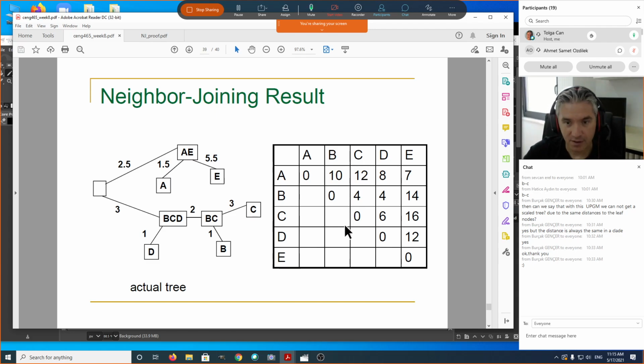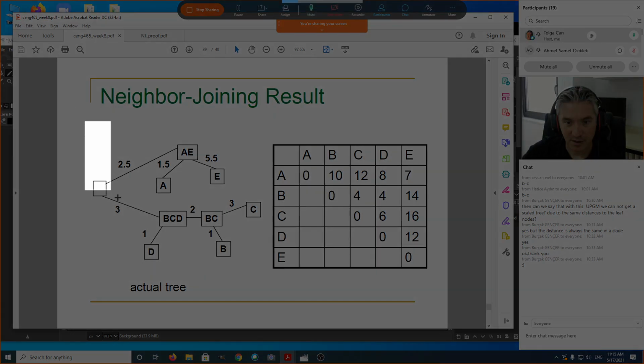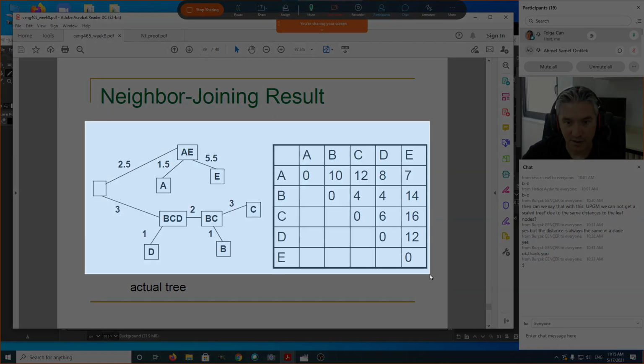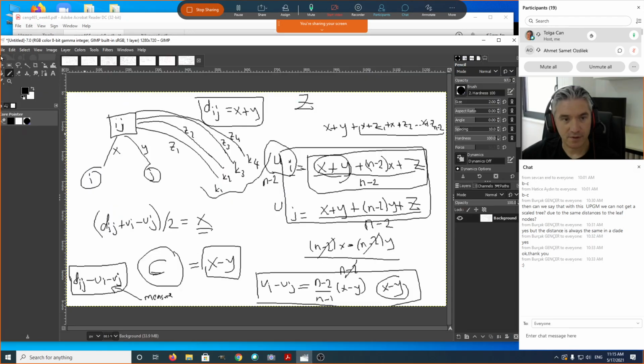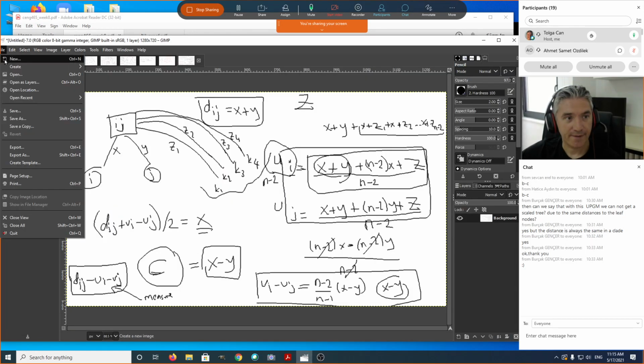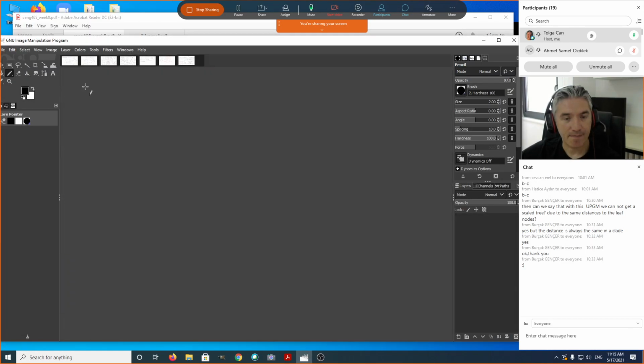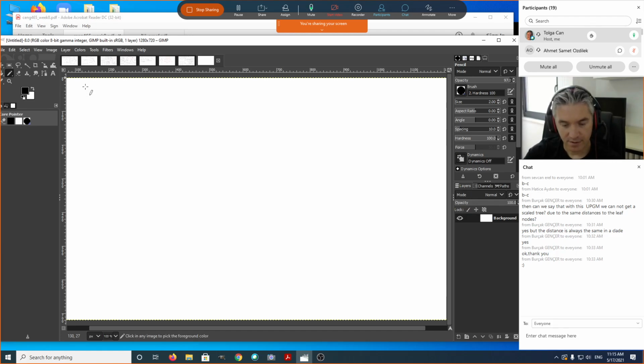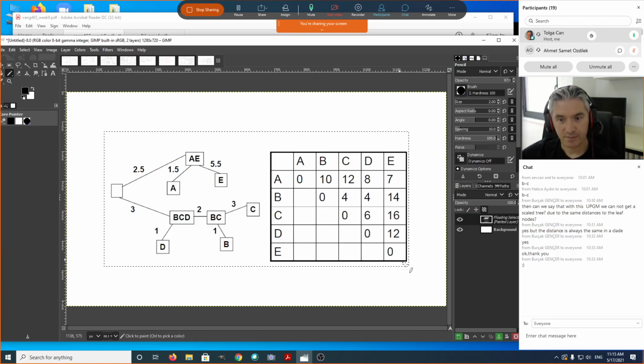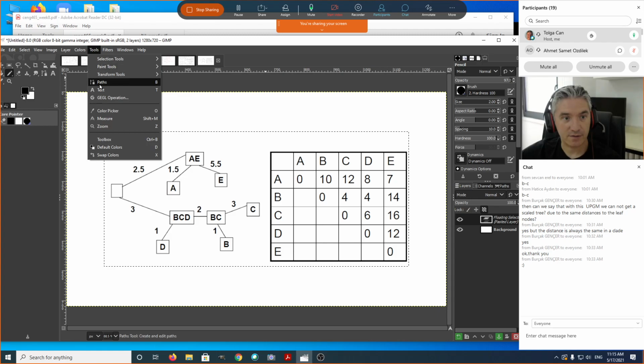Let me just again copy this part, get a new slide, and scale this quickly.